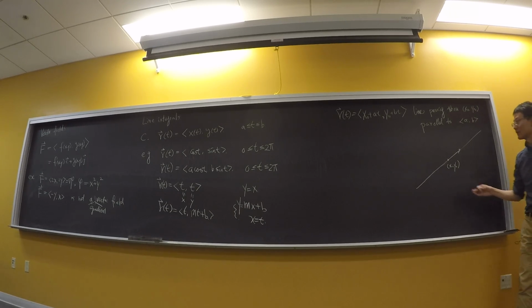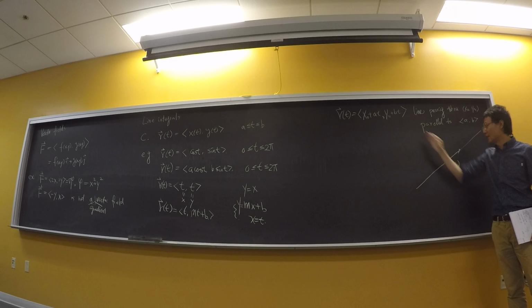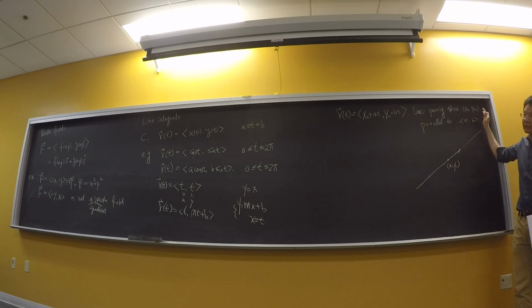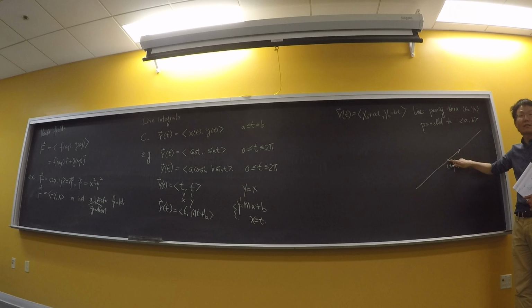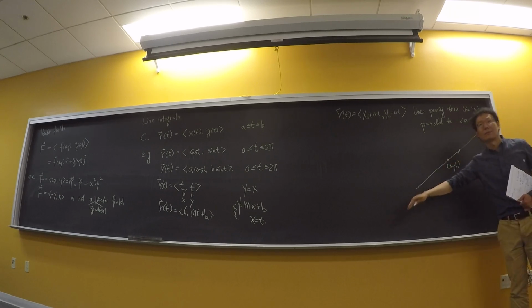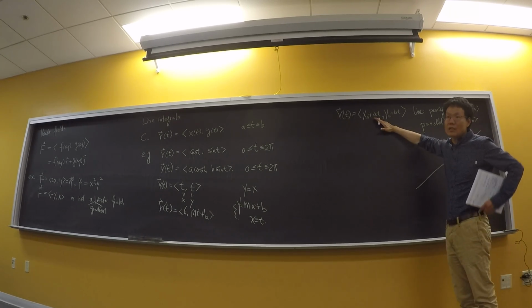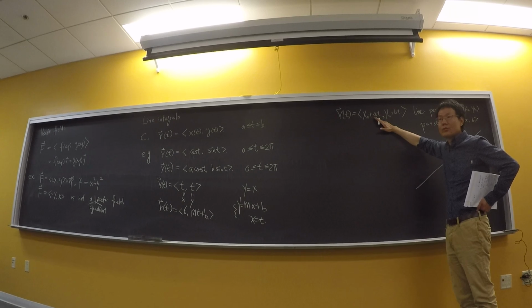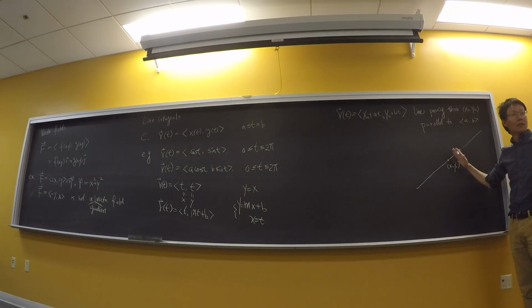Or you can change your range of t from 0 to 1, from 0 to 2, then that will give you pieces of straight lines. Are you with me? So this is the thing.